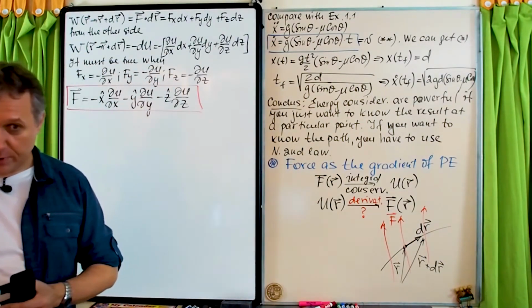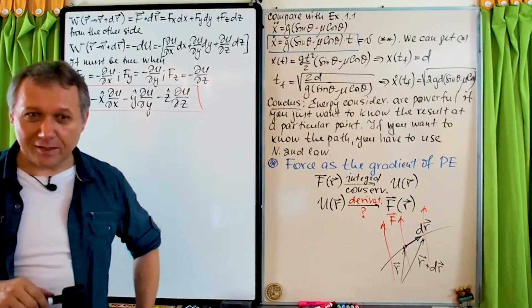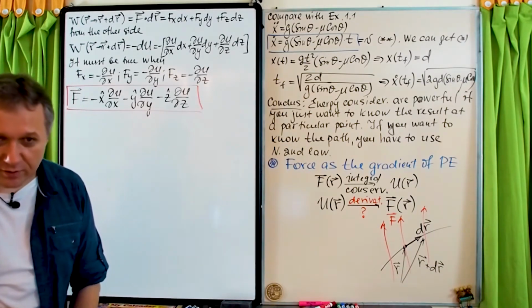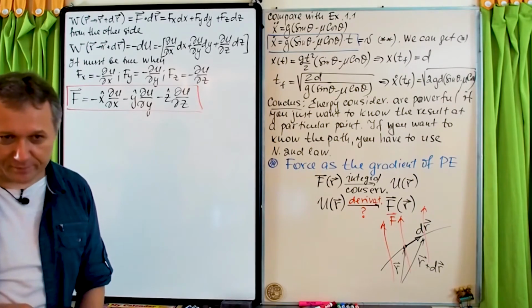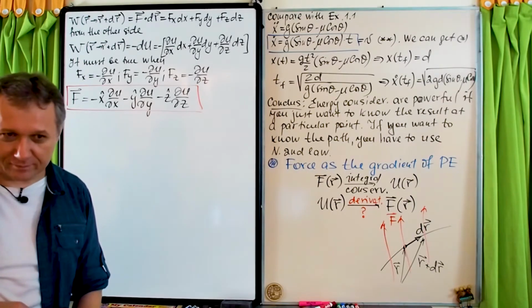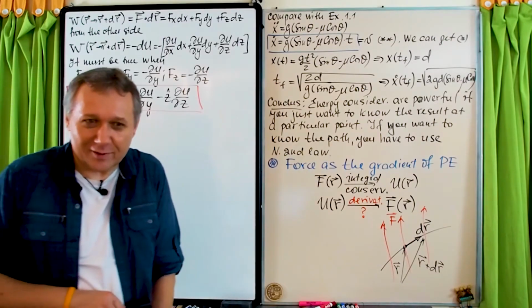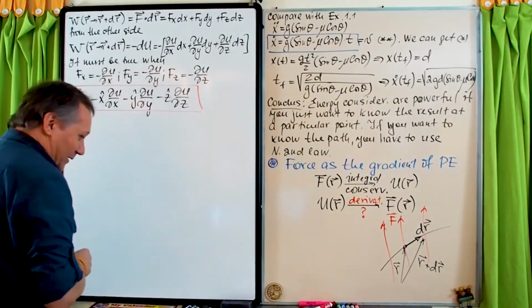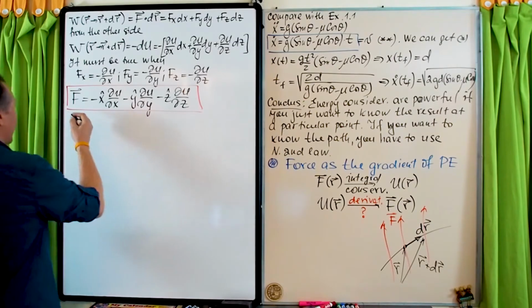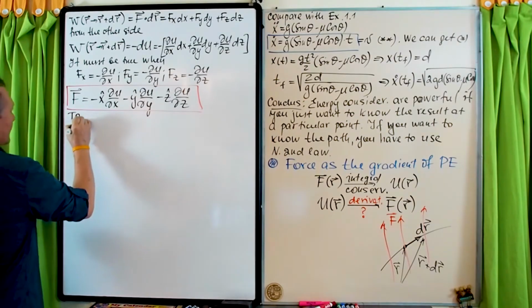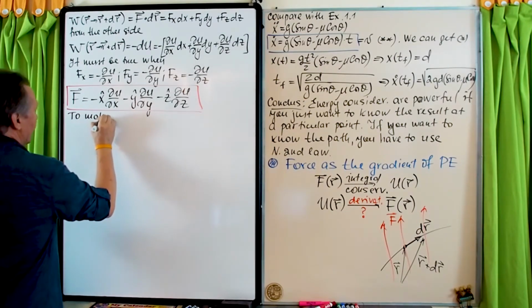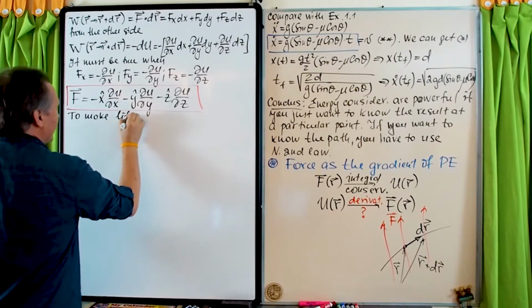So mathematicians were nice enough, and they introduced a special hybrid operator, Nabla, or del, or grad, in order to make life easier.